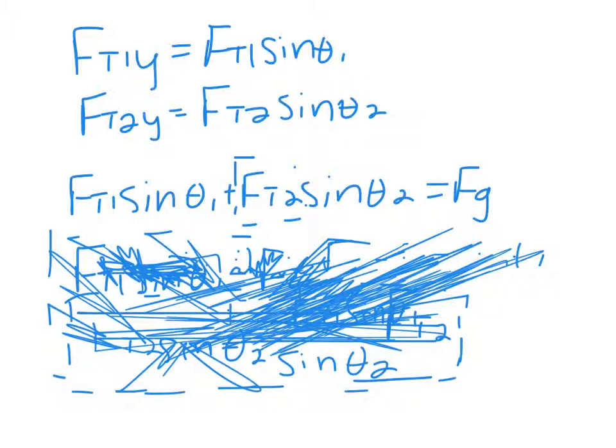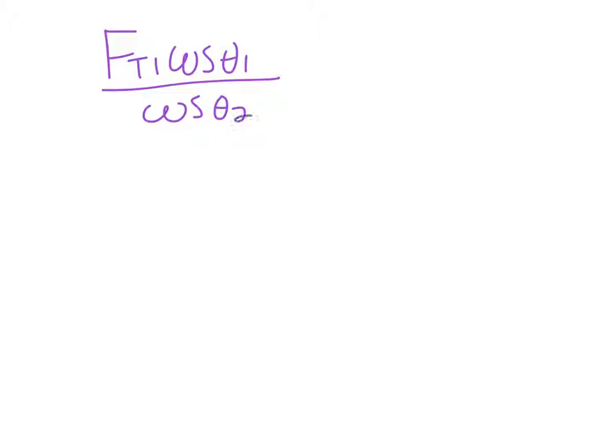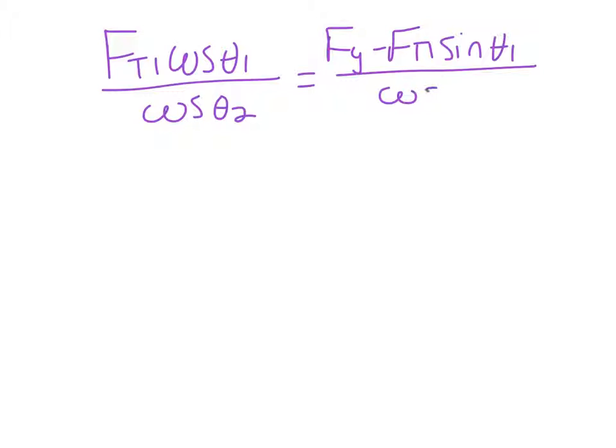Now I'm going to set them equal to each other and then solve for what I'm left with. So setting the two Ft2's equal to each other, we get Ft1 cosine theta 1 over cosine theta 2 equaling Fg minus Ft1 sine theta 1 over sine theta 2. I'm going to get rid of fractions because it's going to be a lot less complicated that way.